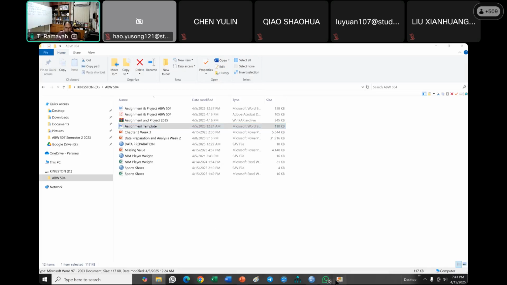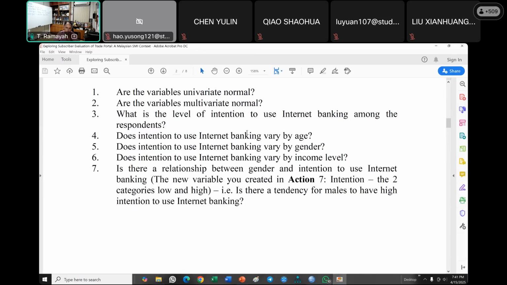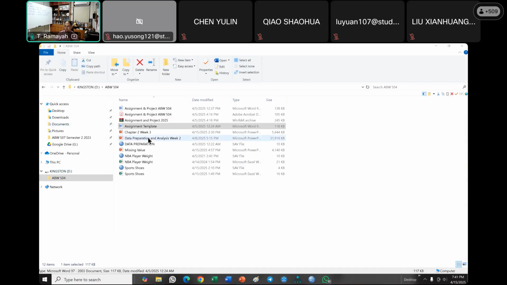Just answer the questions. You will have a table. You have this description of the test, right? As you go along, you learn all the three tests, one-way ANOVA and so on. Then you see how you can present them. That is for both the assignment and the project, right? Different kinds of tests for the assignment and the project. But the assignment and the project are one, from the same data. Okay, thank you.